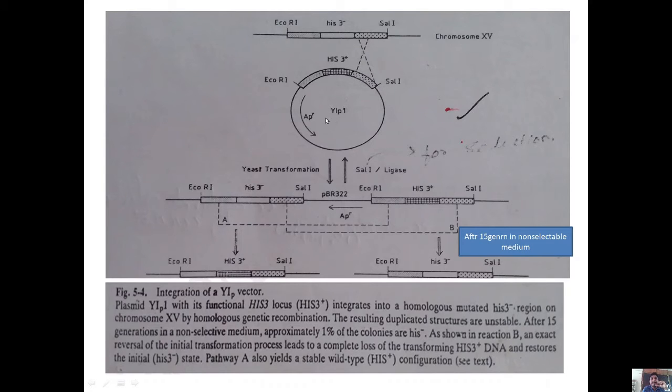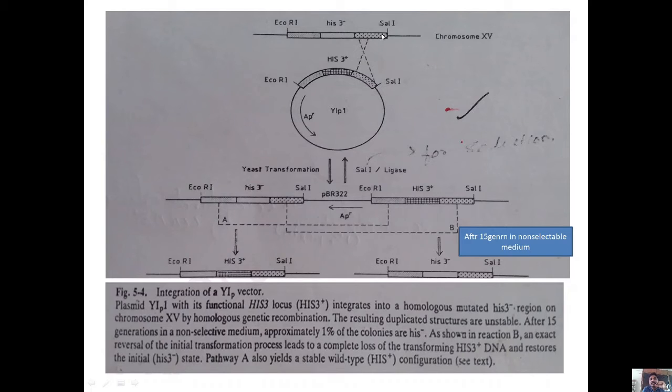you can see a vector, YIp1 vector. And this is yeast chromosome 15, which has a mutated allele of his3, that is his3 minus, and here you are going to replace that his3 allele with a functional his3 plus allele. So you have constructed that vector with the his3 plus allele and the adjacent regions of the his3 allele.